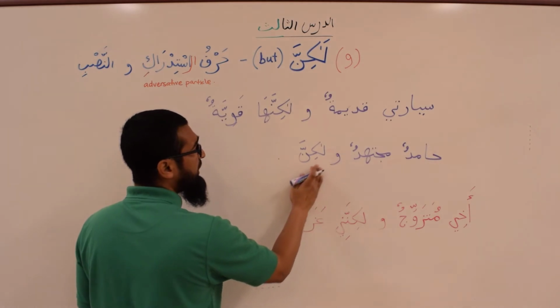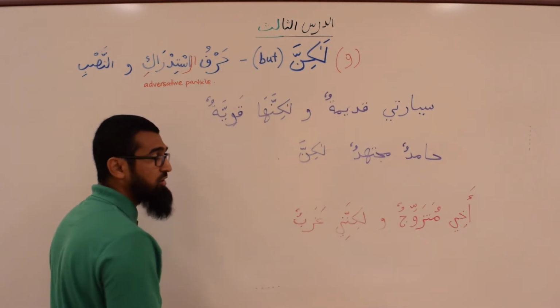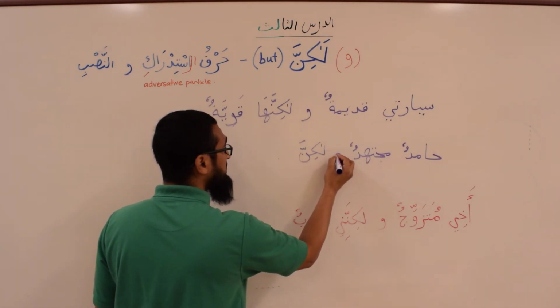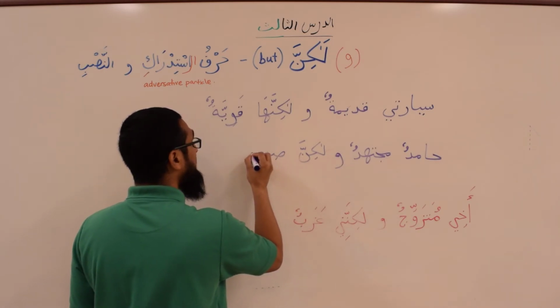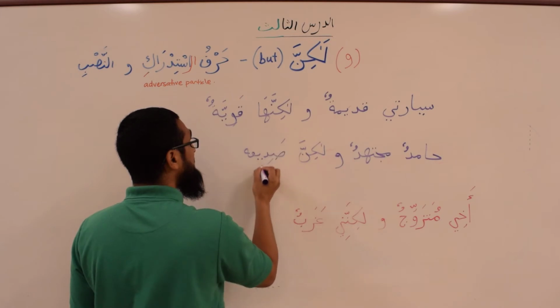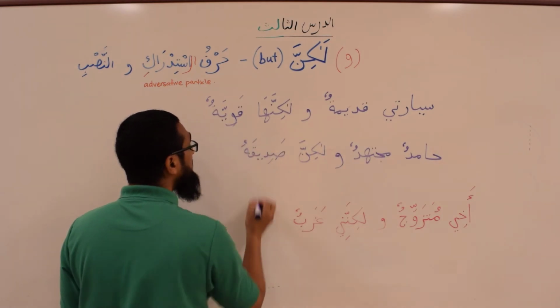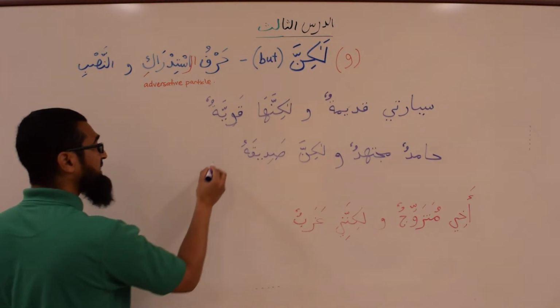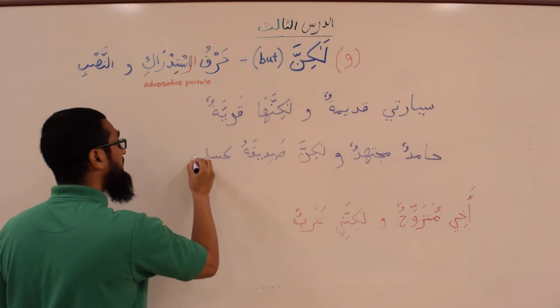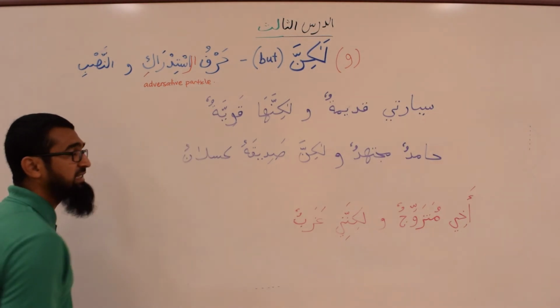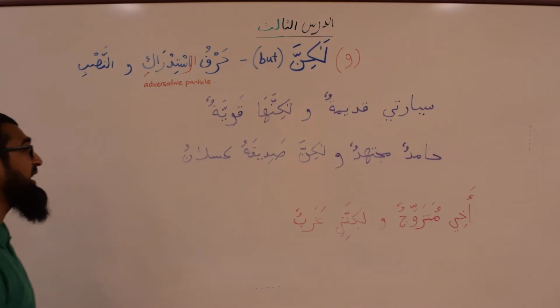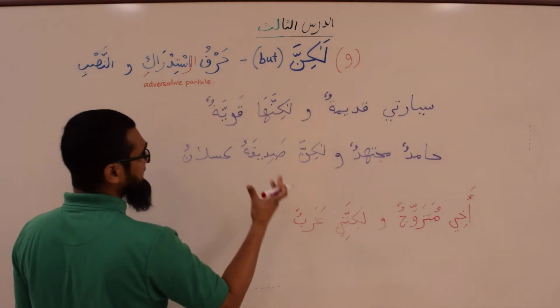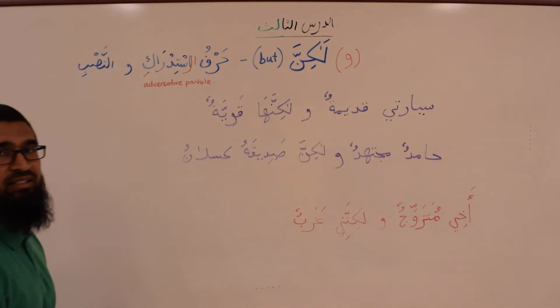Remember, you can take off the waw. You can say lakinna. The book sometimes gives the waw. ولكن صديقه, but his friend, كسلان. His friend is lazy, kaslan. Okay? What I want you to notice here is, where is ism lakinna?